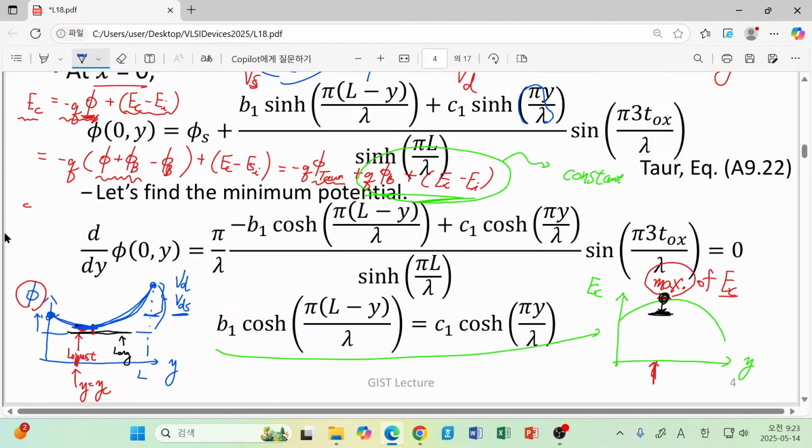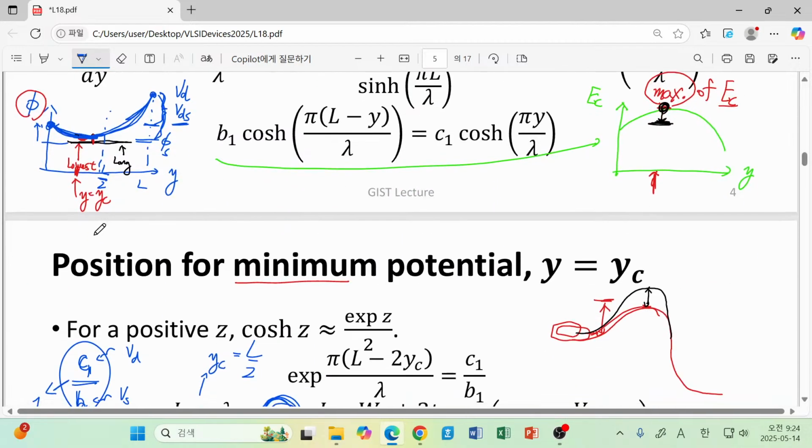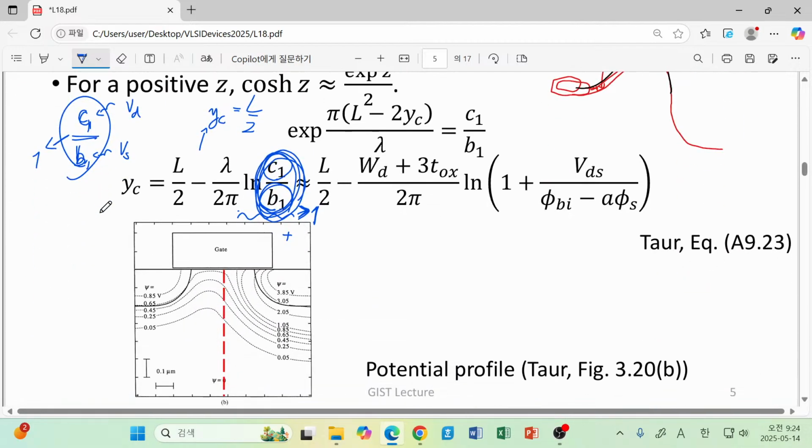In this case, if you say they decrease over a certain length scale, because their deviation from phi s is much higher, of course, compared with the middle of the channel, thus the YC value will be shifted more toward this y equal to 0 or source side. So that is not that difficult to understand.